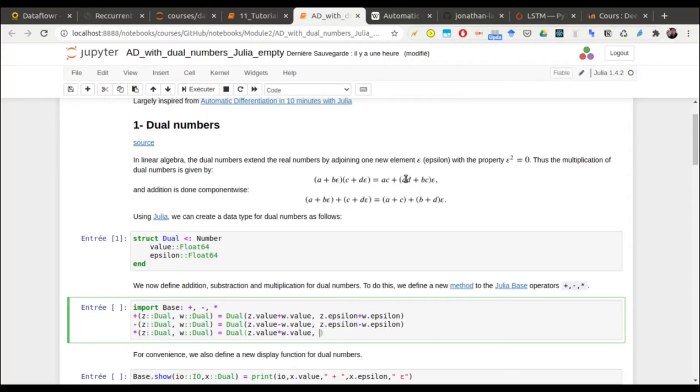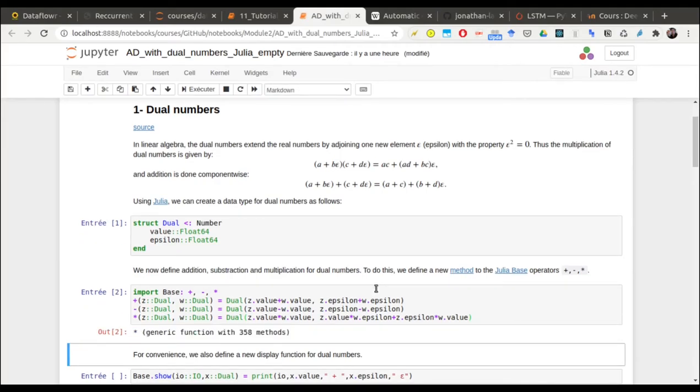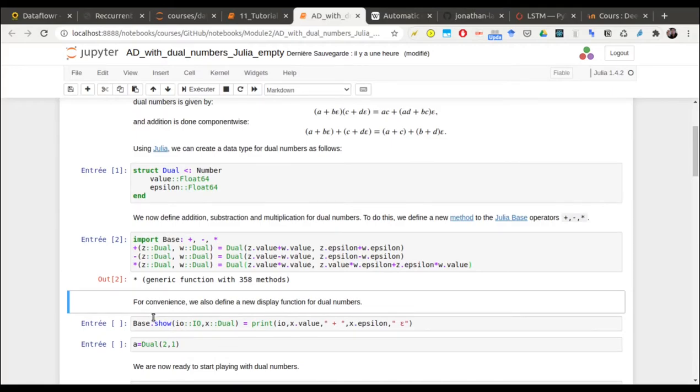And you see that this is A times D plus B times C. So it's Z value times W epsilon plus Z epsilon times W value. Okay, so you see here I overloaded the operators plus, minus and multiplication.